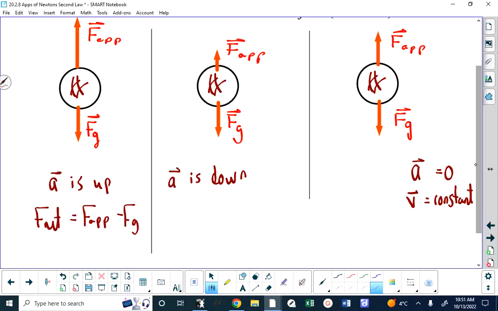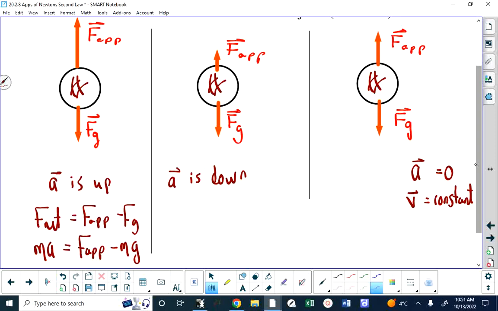If I go one step further, it would be ma equals the applied force minus mg. And as I like to say, the physics is done here. If you're doing a problem where this applies and you've gotten to this point, the physics is done. You just then have to put numbers in, right? I mean, I suppose that's part of physics.